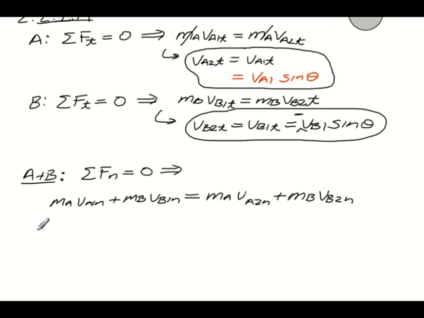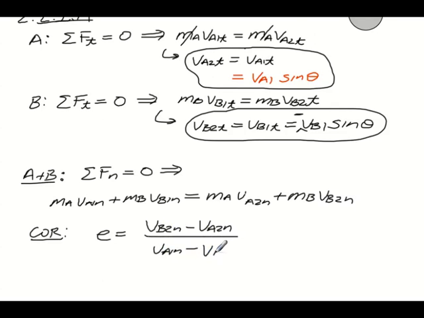And in addition to that, we have the coefficient of restitution equation, keeping in mind that that is only valid for the normal components. So VB2N minus VA2N divided by the normal component difference before, with the signs reversed.